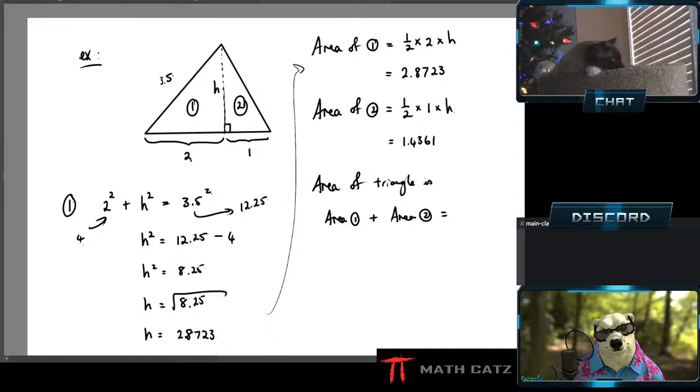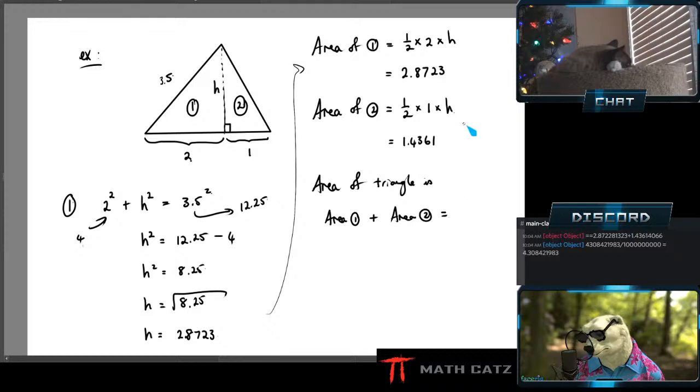2.87228132 plus 1.436140066 would be enough. And I know to 4 decimal places, my area is 4.3084. Now, I admit this is not the only way to do it.